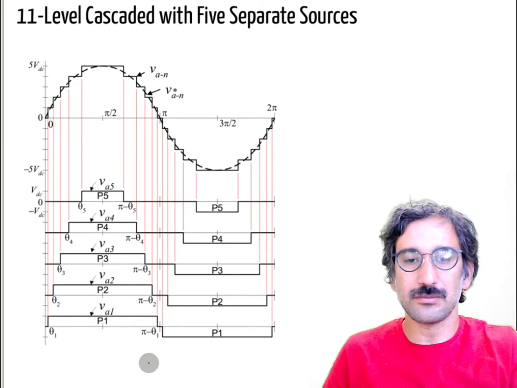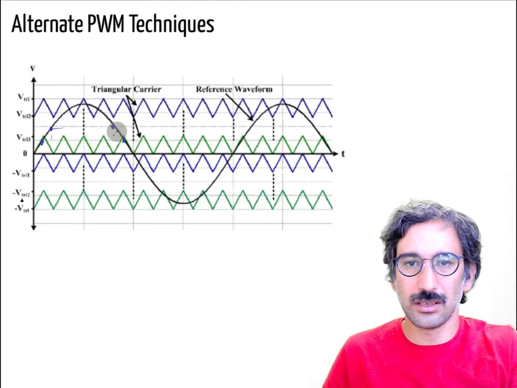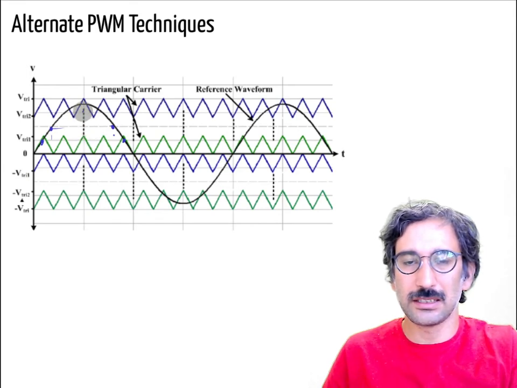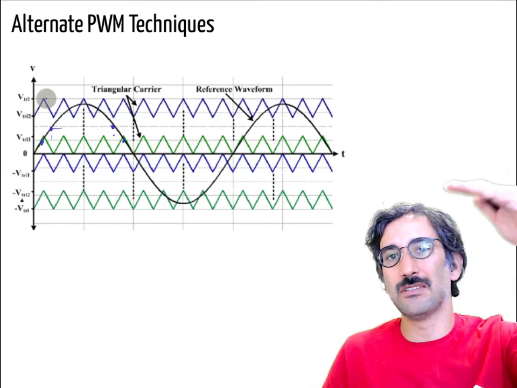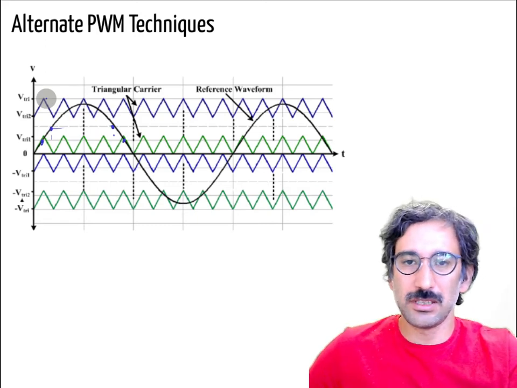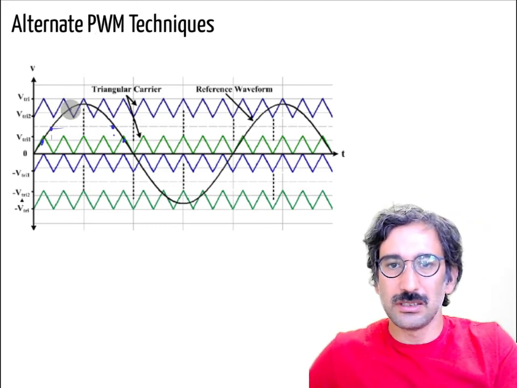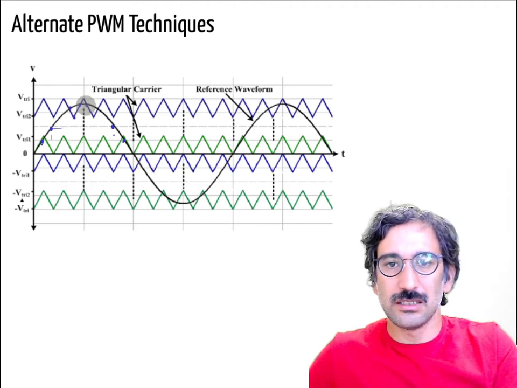Then you can go like that. So you can define n many triangular waveforms. Each of them is shifted by the voltage level that can be generated by the other H-bridges. And the last one, again, it is not shown here, but the frequency of the triangular is not realistic.